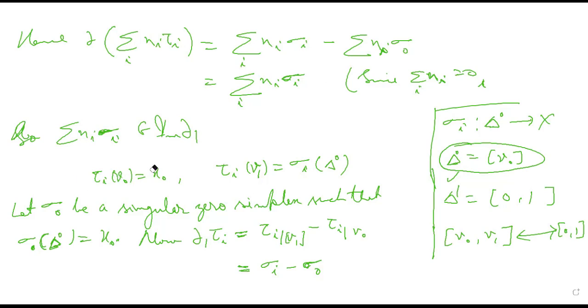So this completes the proof, because we have taken an element in the kernel and we have shown it is in the image of boundary 1. Then the kernel of epsilon is in the image of boundary 1.